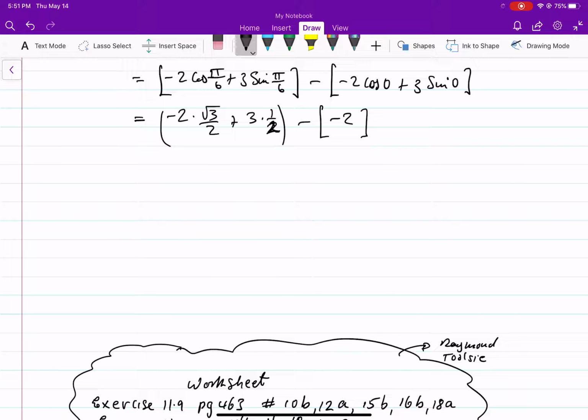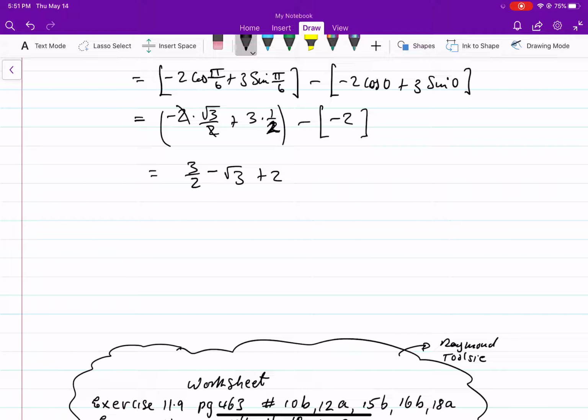Okay, let's tidy this up. I'll write this fraction first. I'll write the 3 halves, and then minus root 3, because the 2's will go right there, just root 3, and then plus 2.